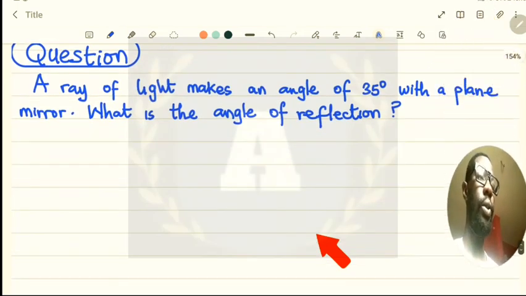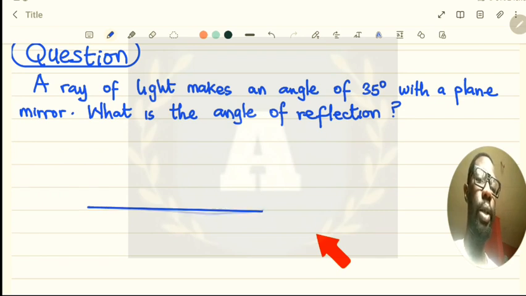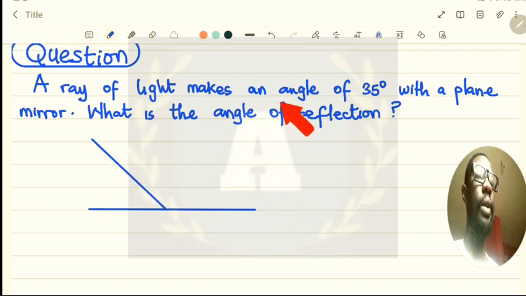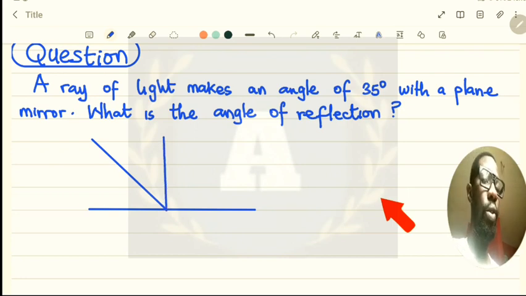So how do we solve that? Now let's use a simple diagram to explain this better for easy understanding by our viewers. They said a ray of light makes an angle of 35 degrees with a plane mirror. Which means the incidence angle we don't know yet.